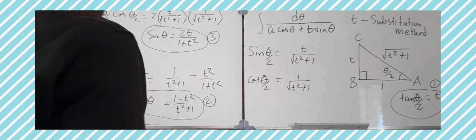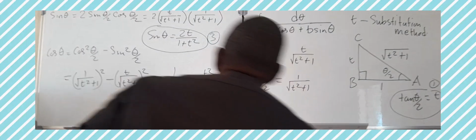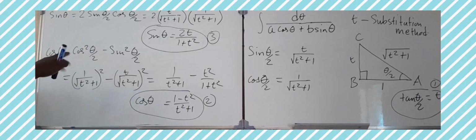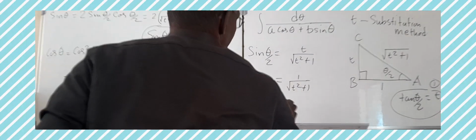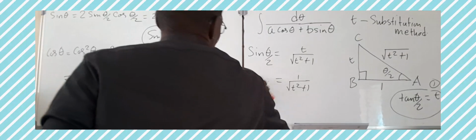These are the expressions that we want. I want to keep these somewhere and leave one of the boards free, so I'm going to clean this side and put these ones here. We're done with that one.